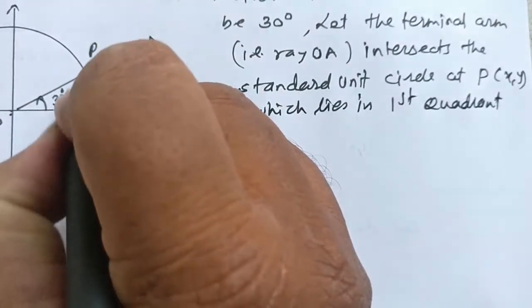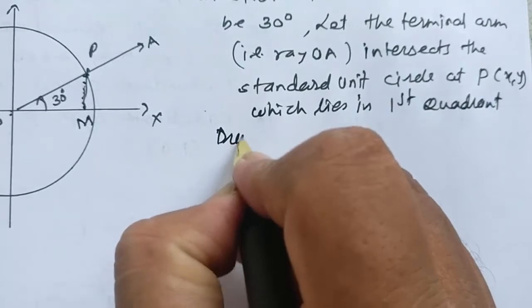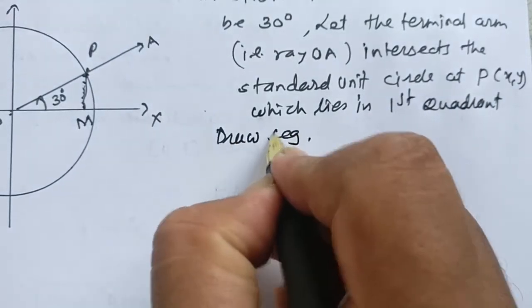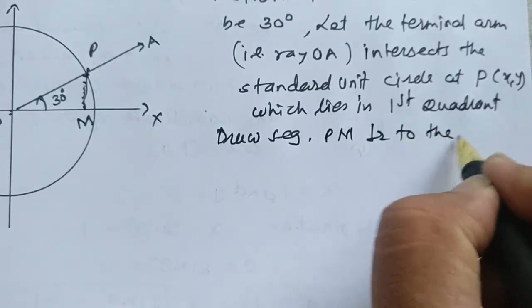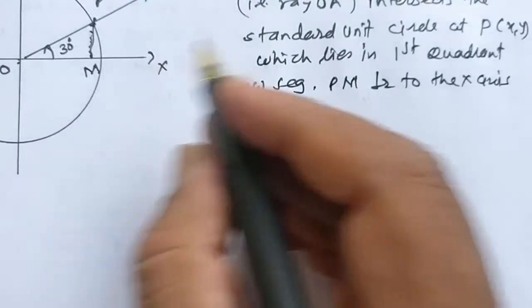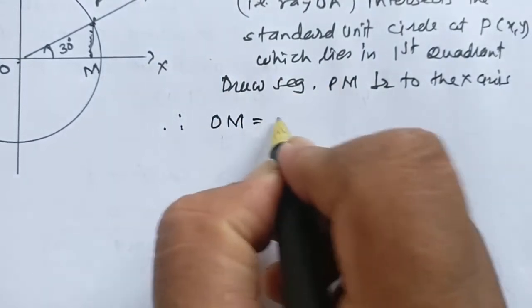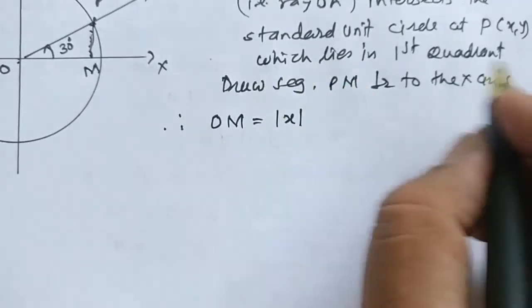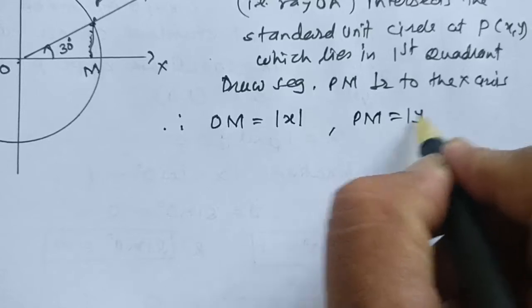Now we draw the segment PM. Draw segment PM perpendicular to the x-axis. Therefore, OM is equal to modulus of x, that is a positive value. PM is equal to modulus y.